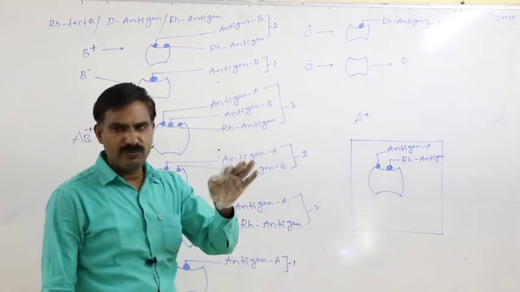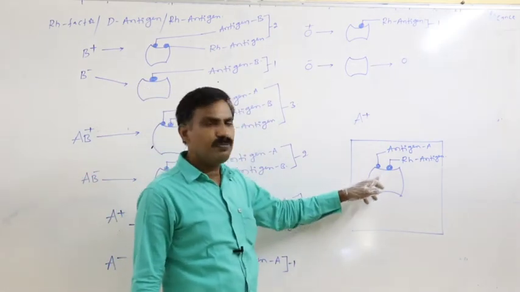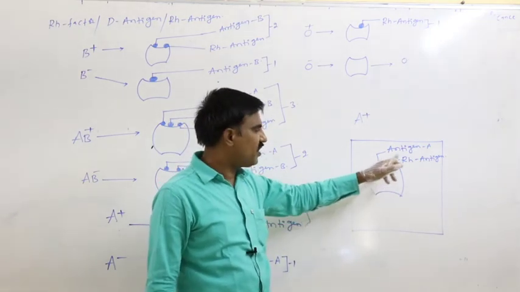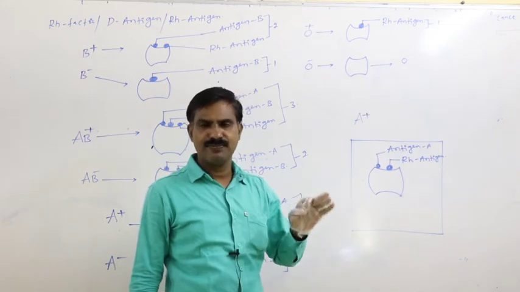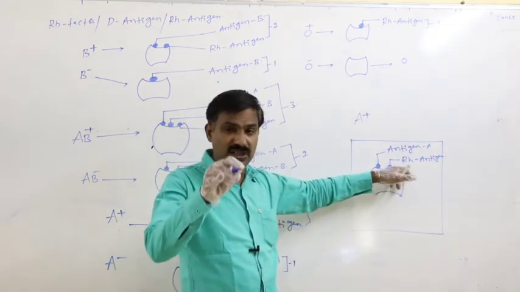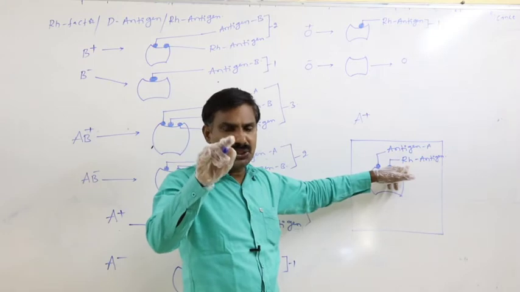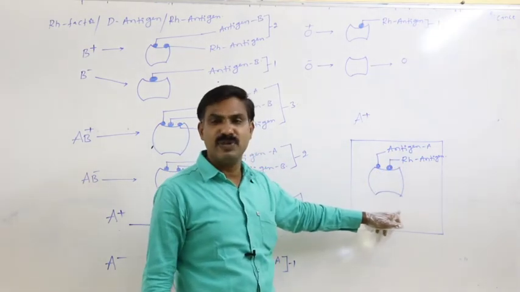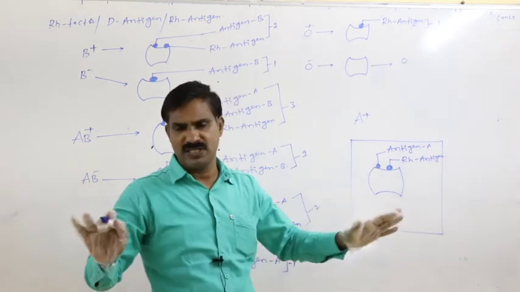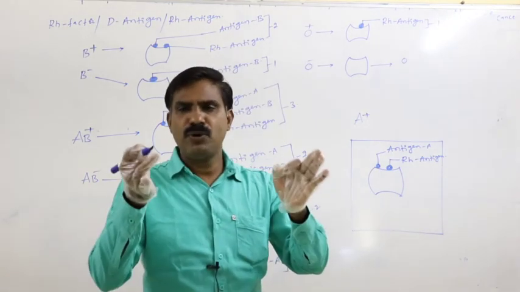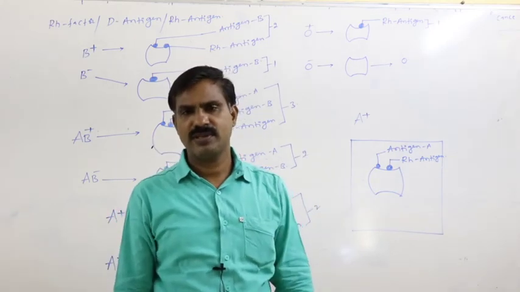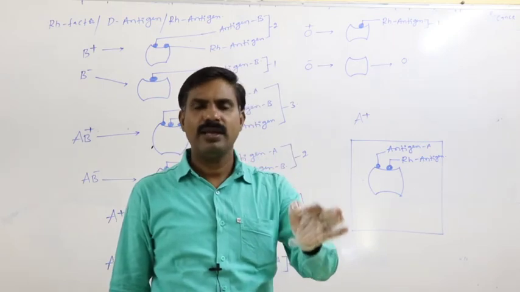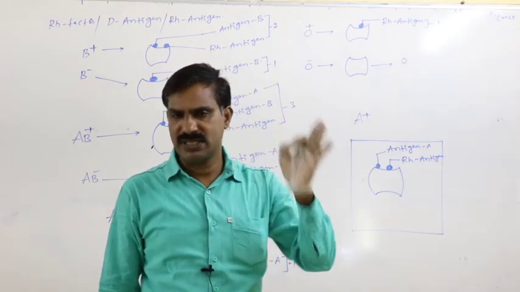Definitely, normally in Rh positive blood grouped persons, the Rh antigen is present on the surface of RBC, but against that, Rh antibodies are not present in his blood plasma. In any positive blood grouped person, in his plasma, antibodies against the Rh antigen are not present.